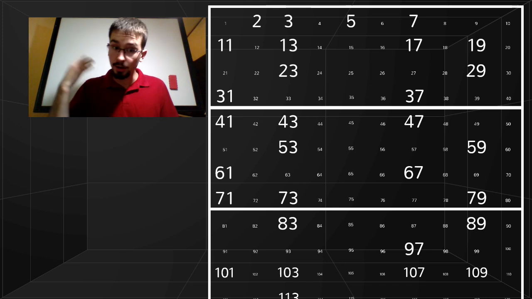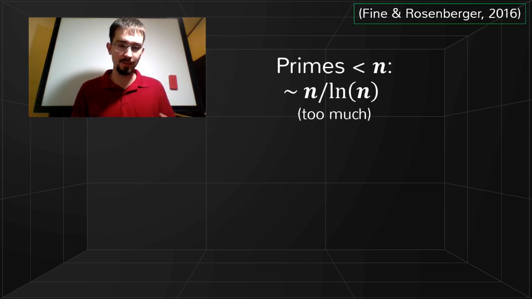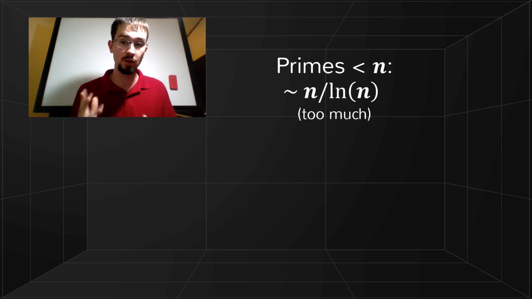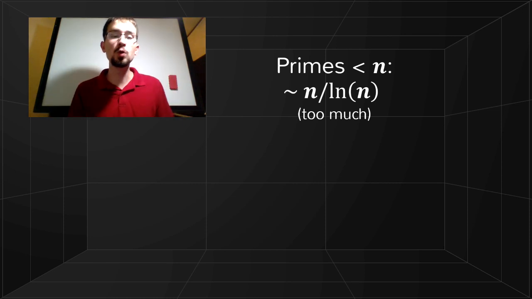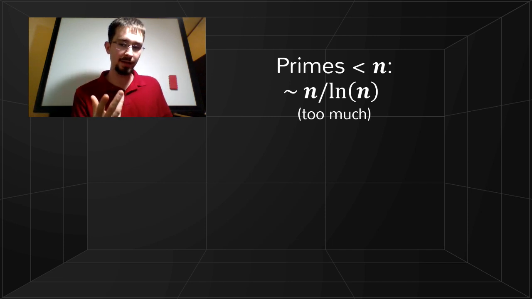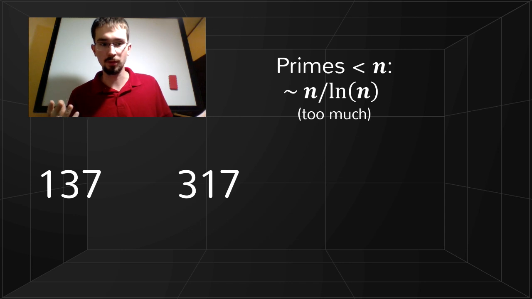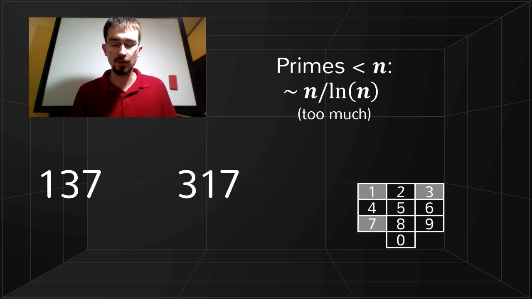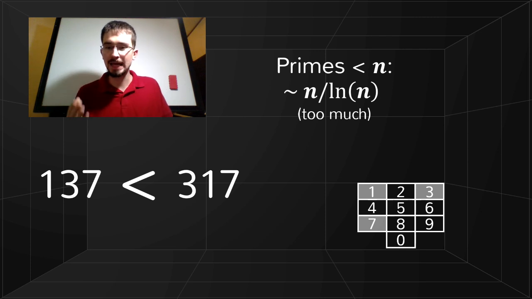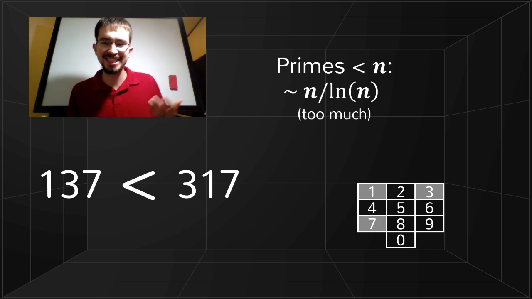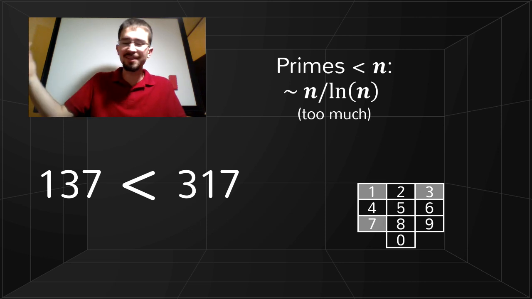But for even larger bases, storing all primes up to a given limit itself uses too much memory. So I came up with a way to drastically reduce the number of primes we're forced to consider. Take 137 and 317, for example. These use the same digits, but 137 is smaller. So it's impossible that F10 would use 317 as a factor, and we don't even need to consider it.